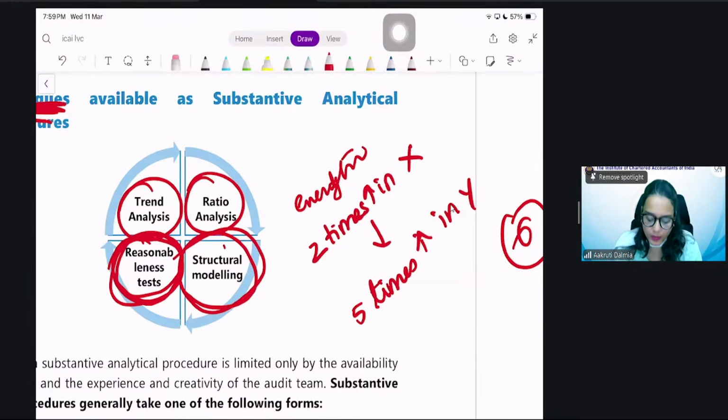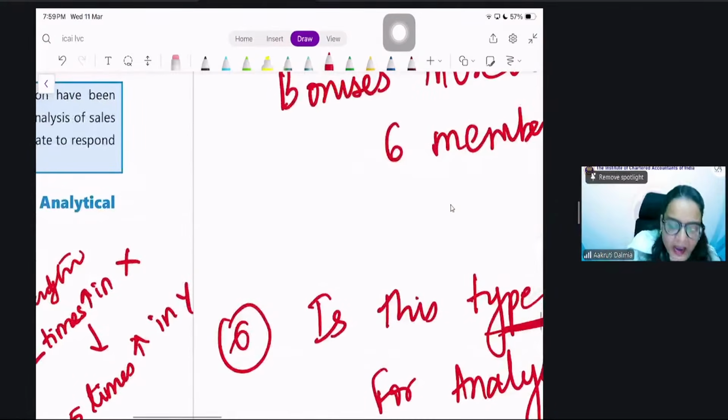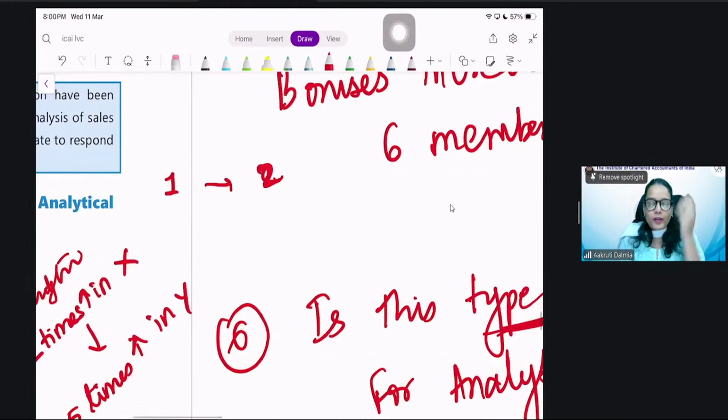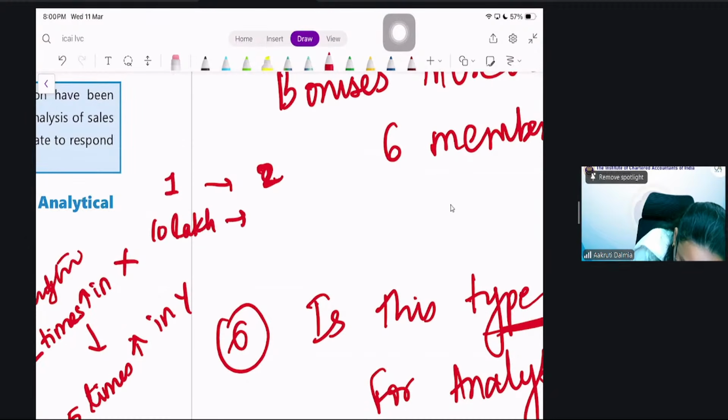Structural modeling. It means, let's say I analyze the past 5 years of data. And I see that whenever sales go from 1 crore to 2 crore, so there's a 2 times increase, the data goes from 10 lakh to 50 lakh.